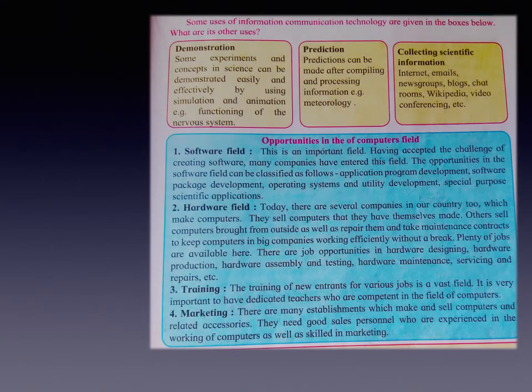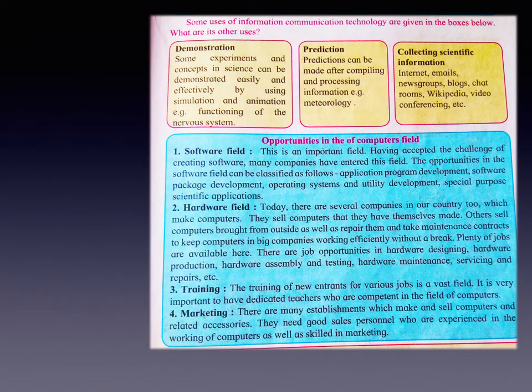Now we shall see some uses of information communication technology. What are its other uses? The first one is demonstration. Some experiments and concepts in science can be demonstrated easily and effectively by using simulation and animation.